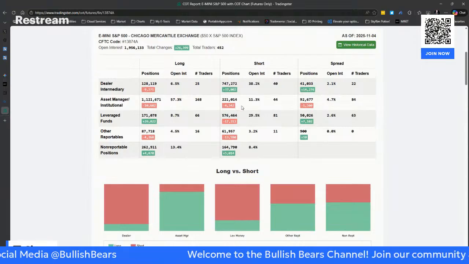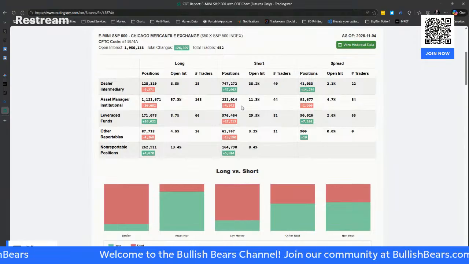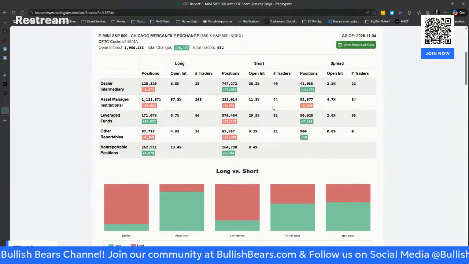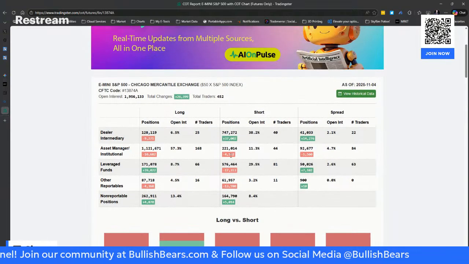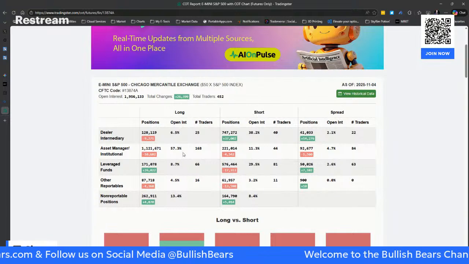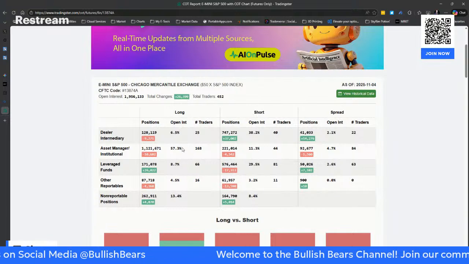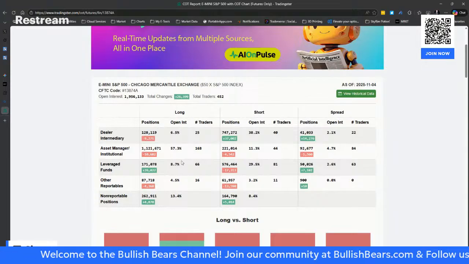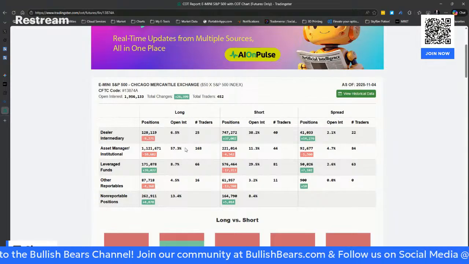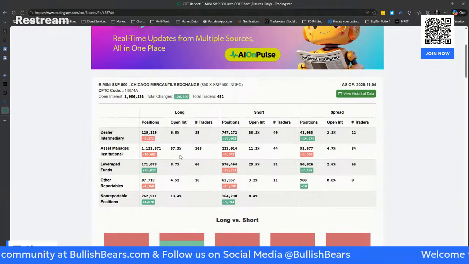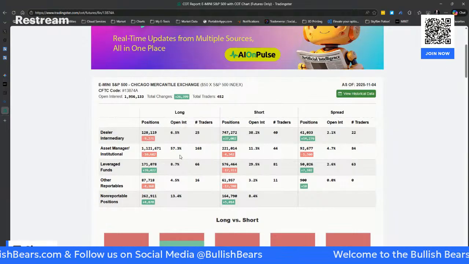Well, what's the size of even one of those positions, right? That's probably really big. So we don't know exactly what their size is, but we know that there's a lot in here, right? The amount of open interest that the asset managers have in the ES long is 57% of the net open interest in the S&P. That's a lot. Oh, that's a lot.